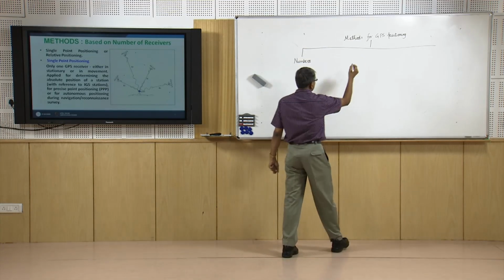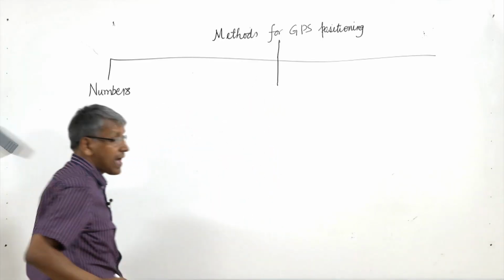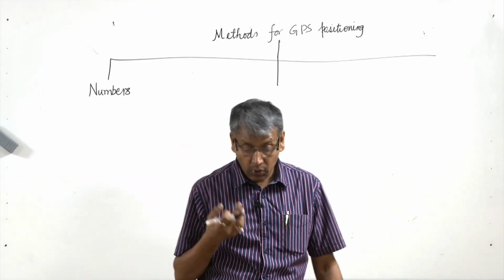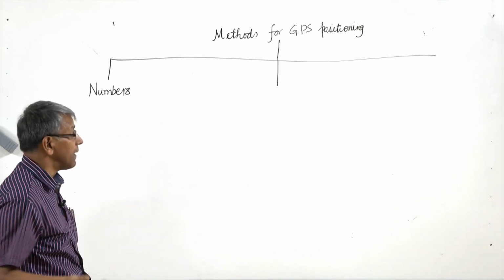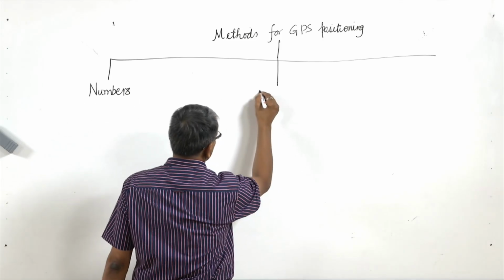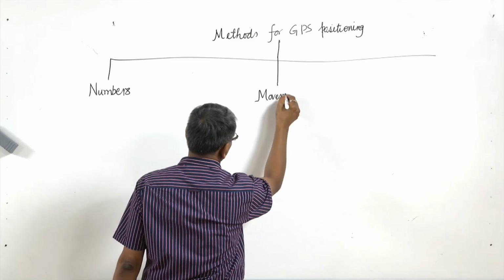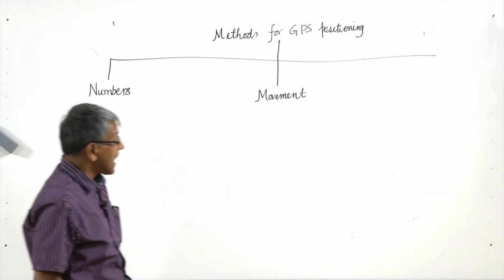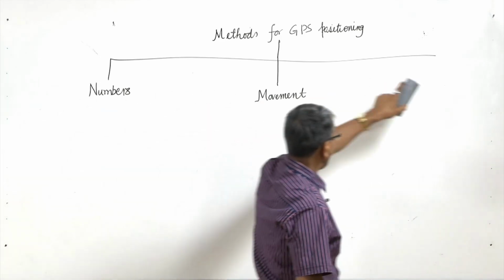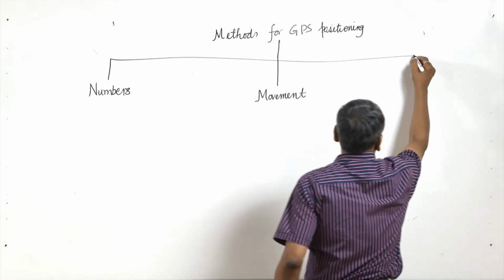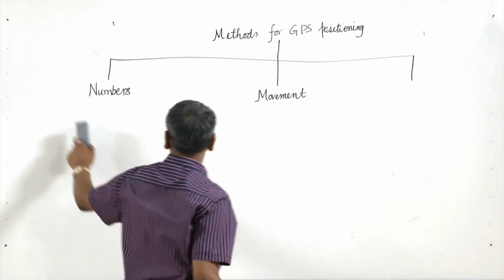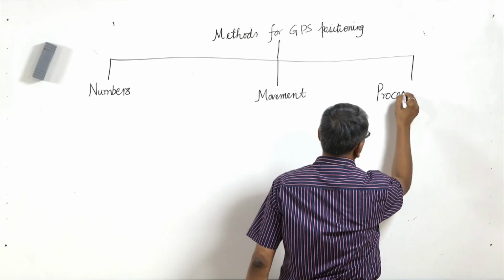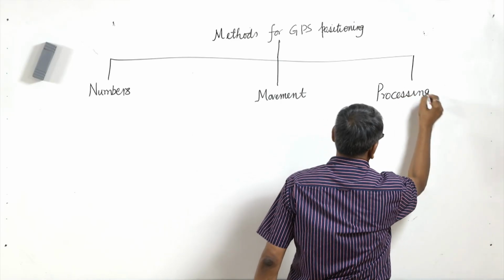Second, whether the receiver is in a static condition or in movement; depending upon the type of movement of the receiver, we can classify the positioning methods. And third, depending upon the processing time.